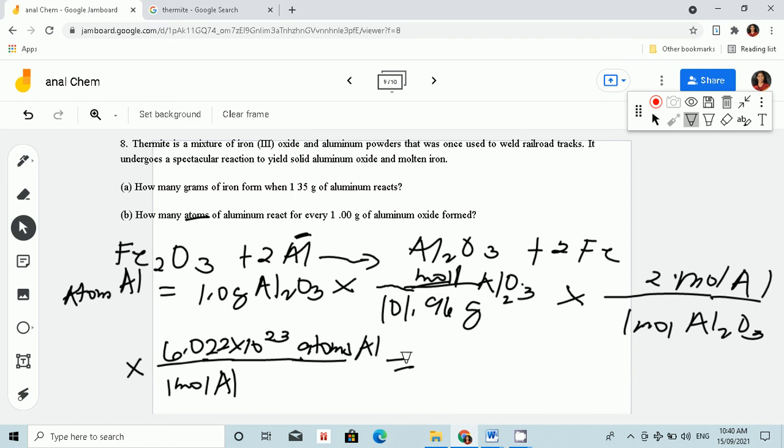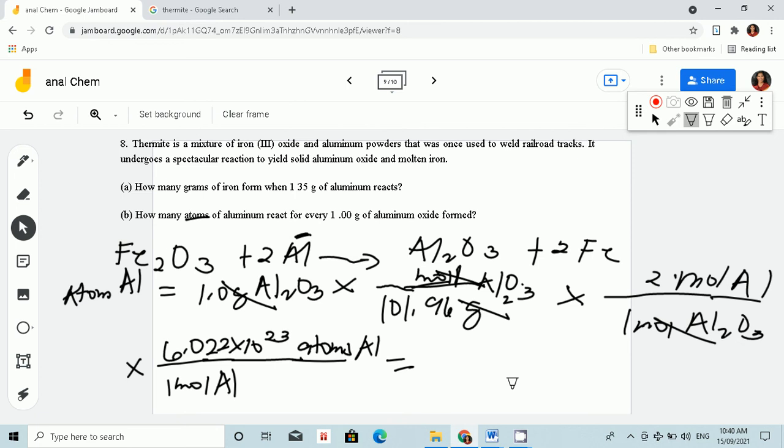So we have 1.18 times 10 to the 22 atoms of aluminum.